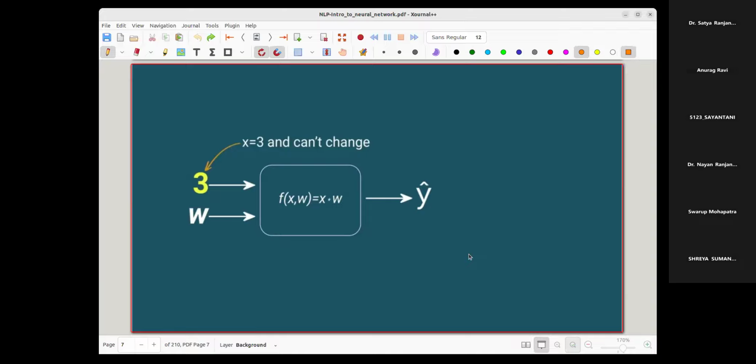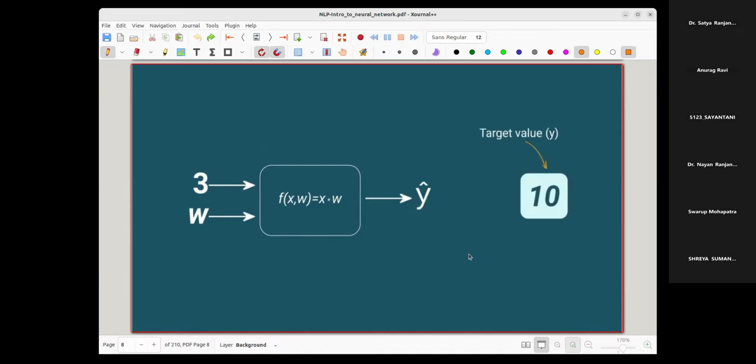The only thing we can change is w. When we put different w, we'll get different y cap. But now we have a target value, let's call it 10, and let's say it is y.